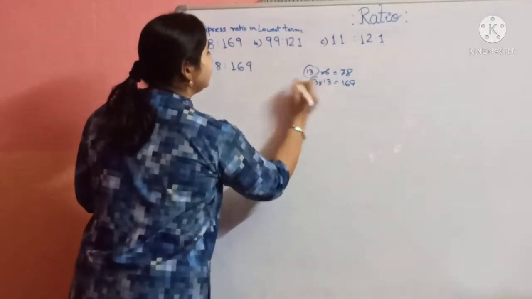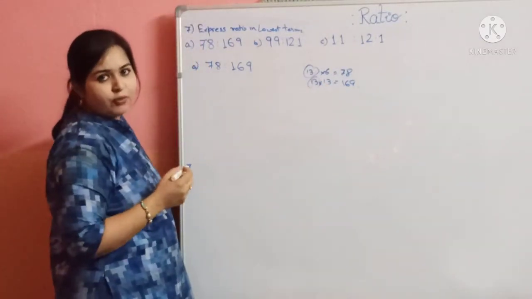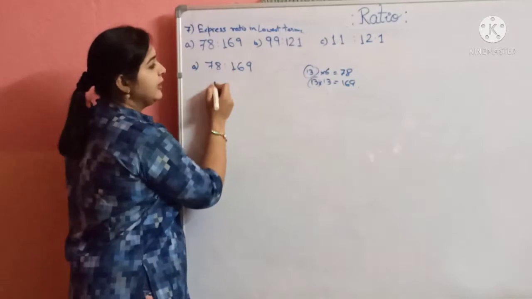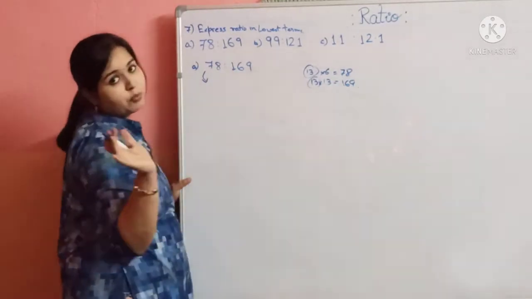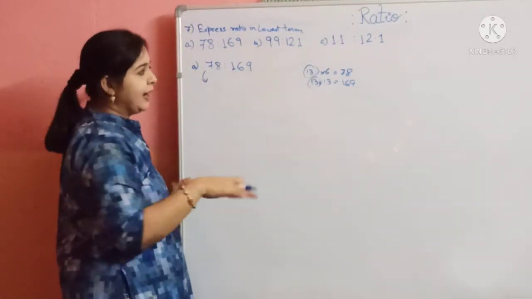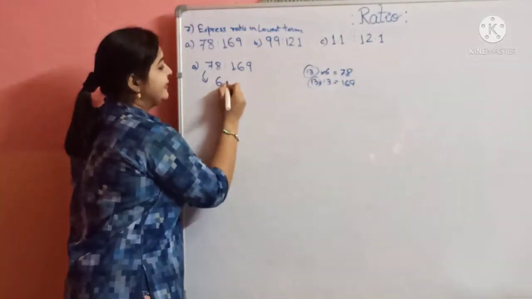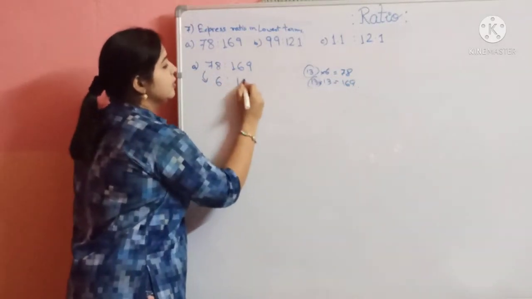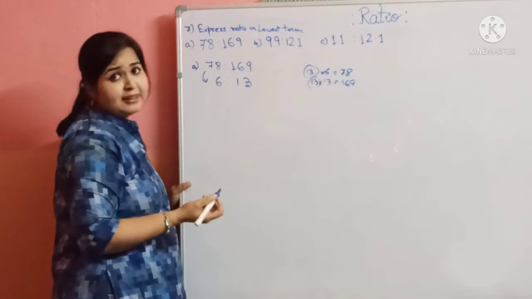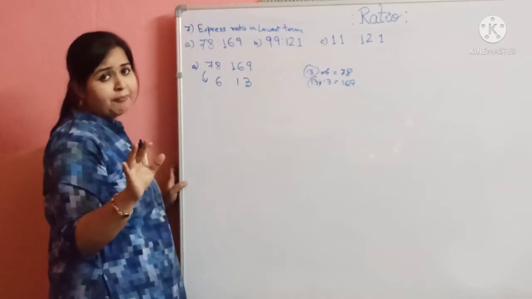So here is our common divisibility factor, 13. Just in one step my sum will be done and my game level will end. 13, here 6 is to 13, and after 6 is to 13, no one can be compared.